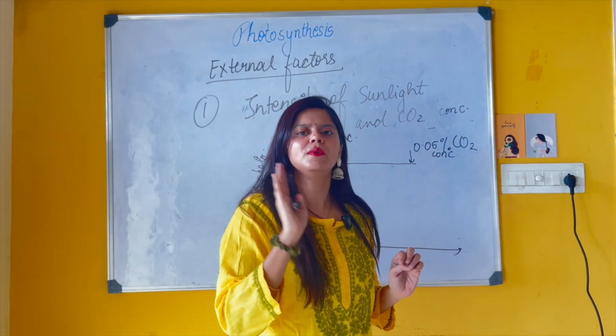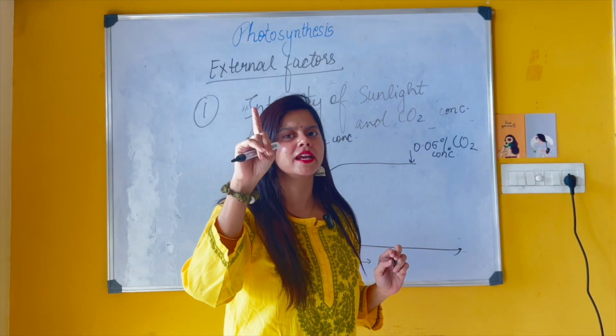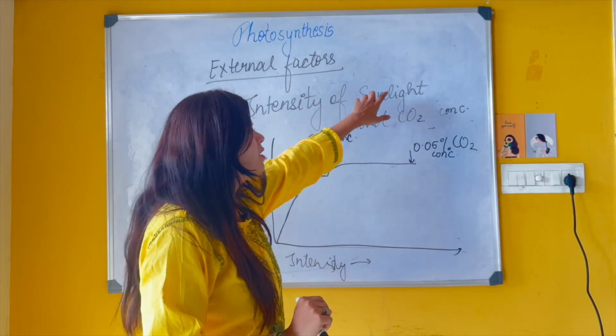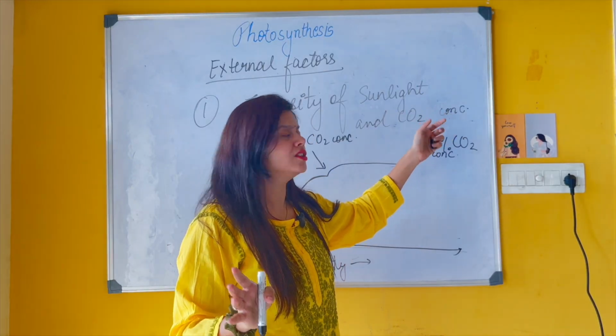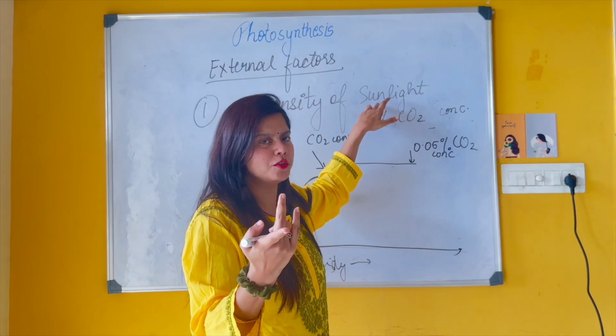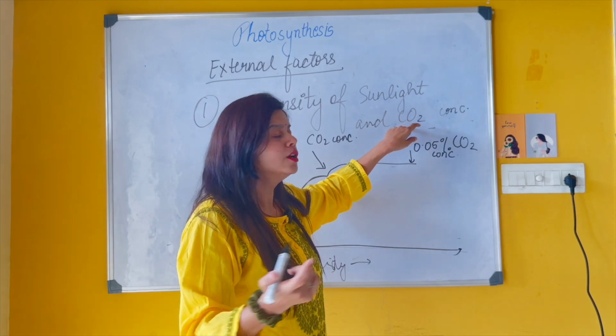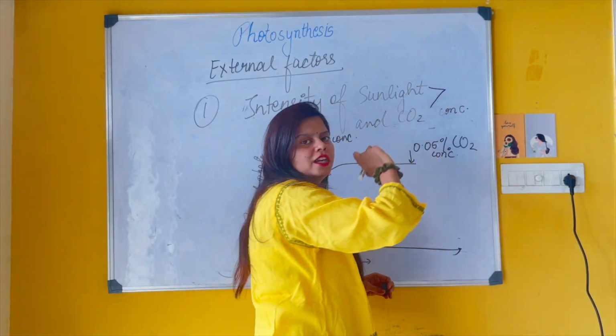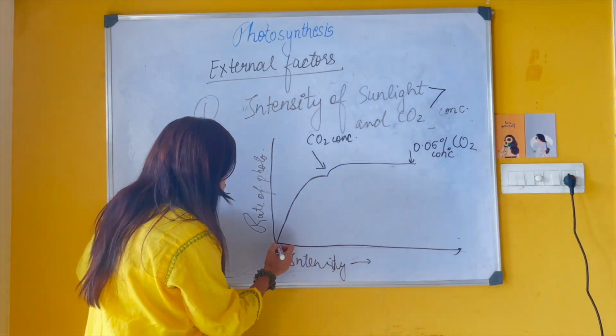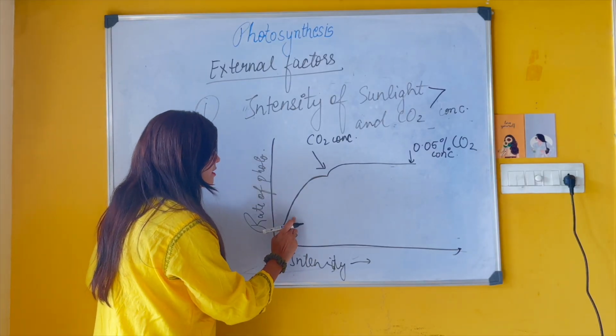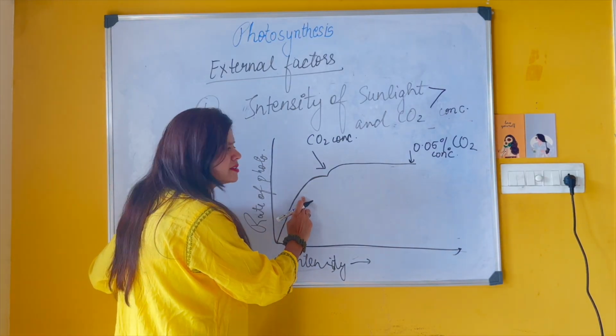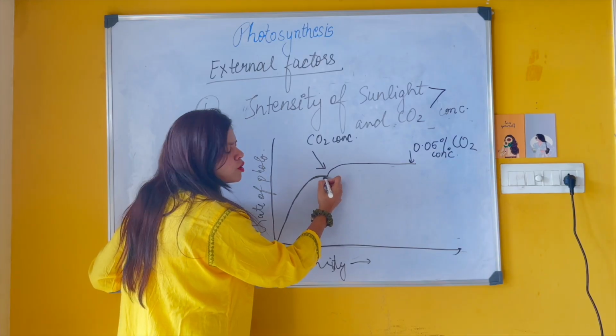The external factors which affect photosynthesis, the first external factor is intensity of sunlight and carbon dioxide concentration. Of course, sunlight is important for photosynthesis, carbon dioxide also. So both of them are studied together. As we increase intensity of sunlight, rate of photosynthesis also increases. But after a point it becomes constant.